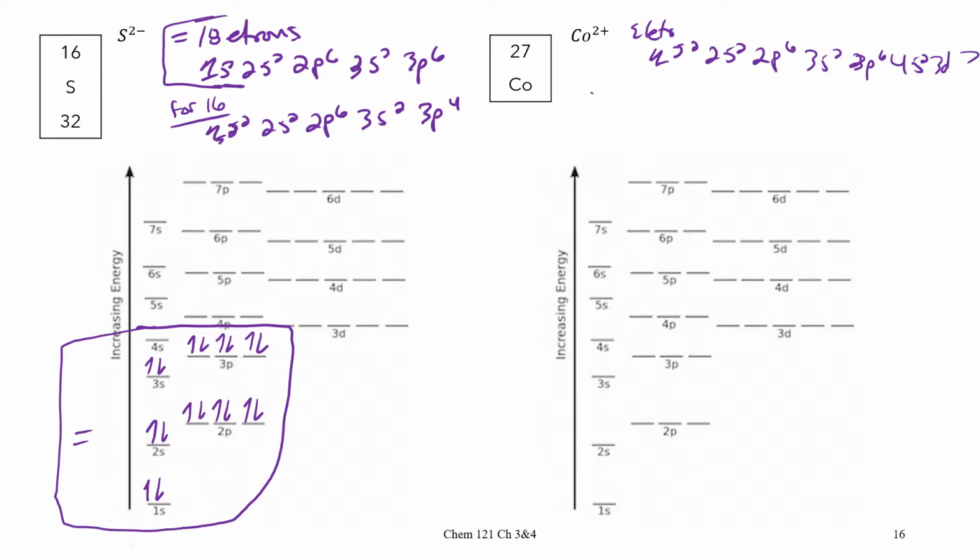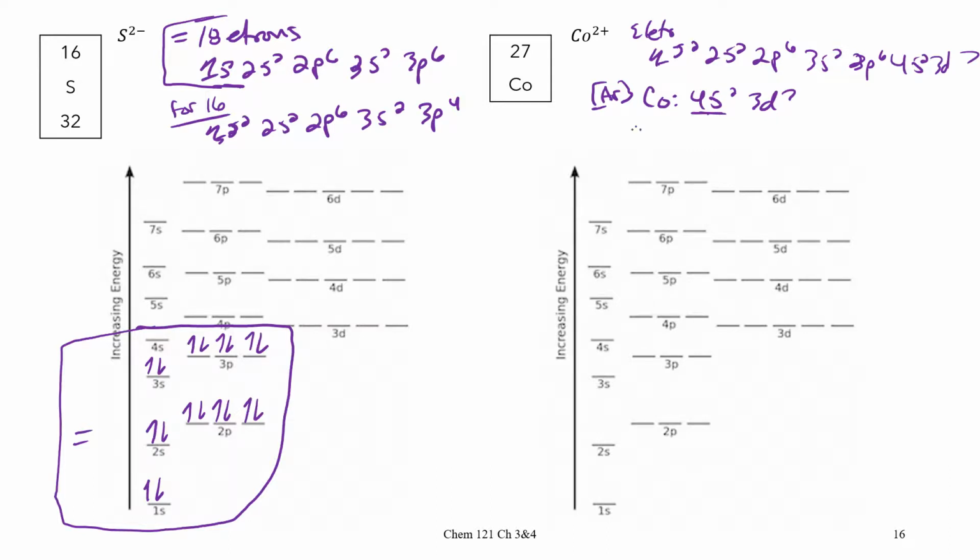So you could write it. If you start at argon, you've got 4s2, 3d7. And since we want to lose 2 electrons, we're going to pick it from the highest. Our highest would technically be the one with the 4 out front.